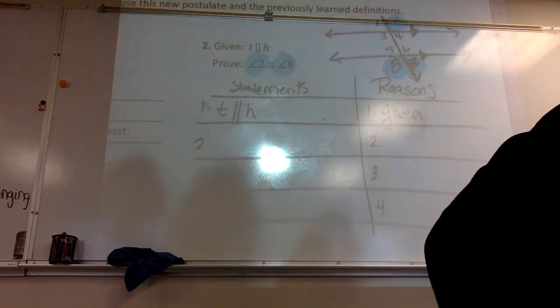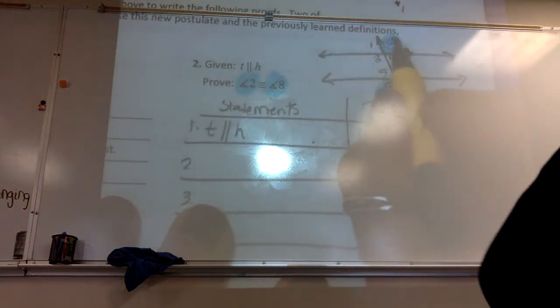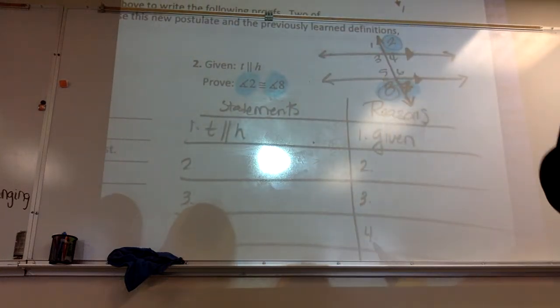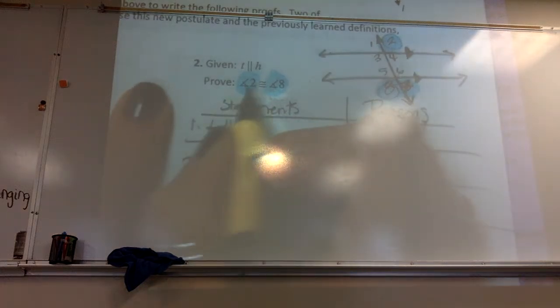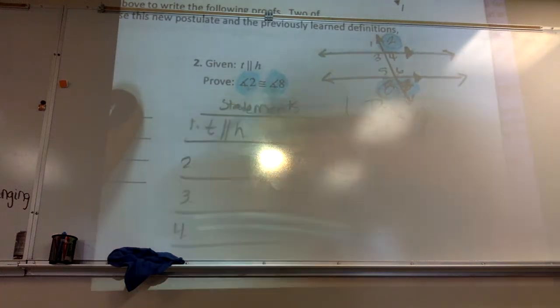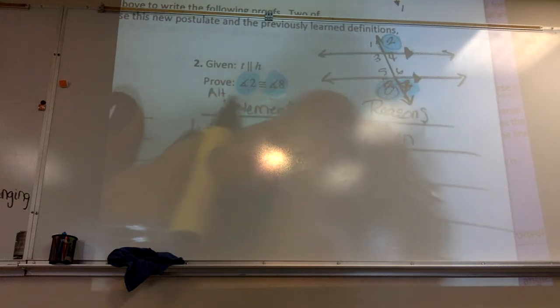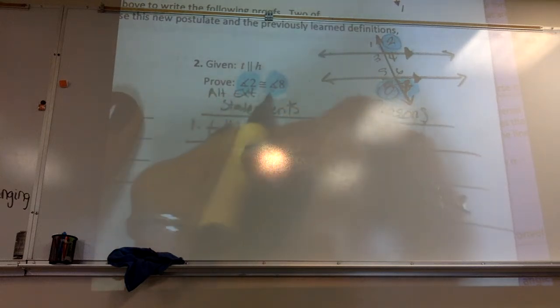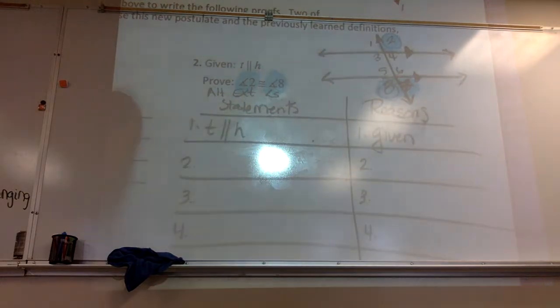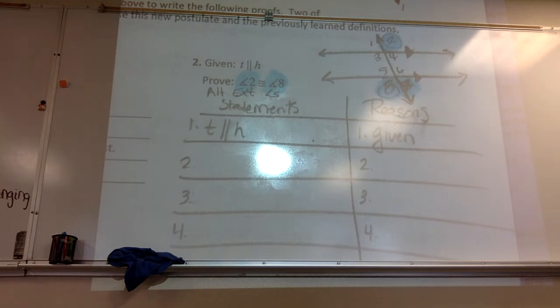That could be used technically to prove 2 is congruent to 8. But what they're not telling us, which is sneaky, and I don't appreciate this, is that we're writing the proof for alternate exterior angles. We are writing the proof for that specific theorem.